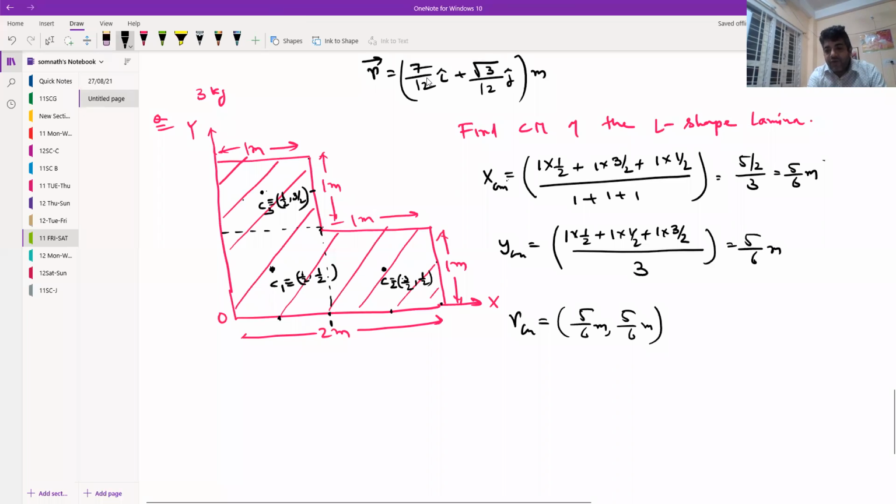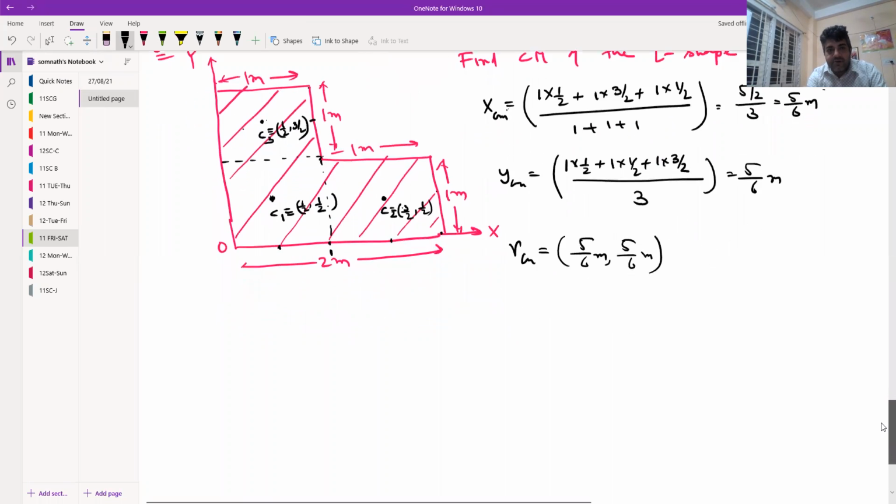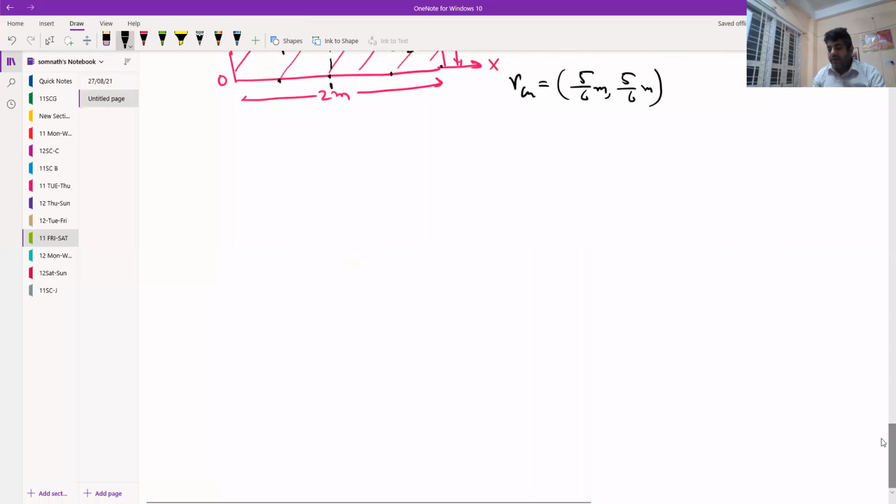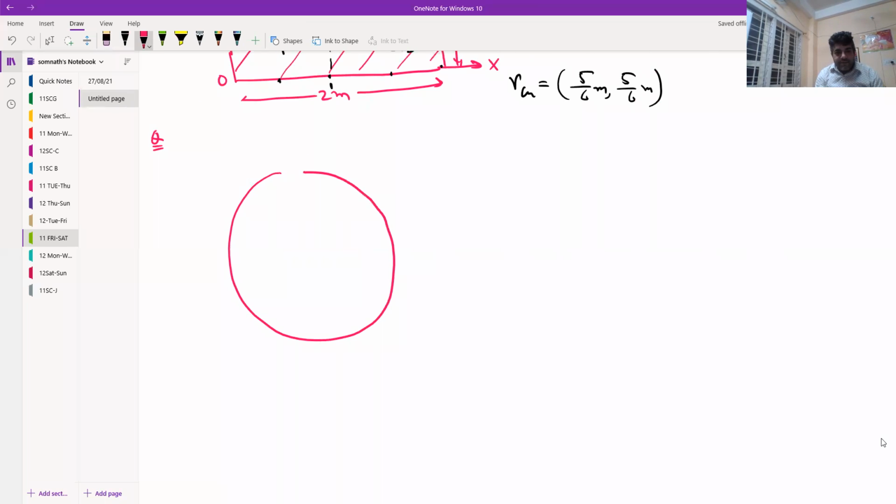Now I want to give you one more question. My next question: you have a disk. This is the center, with the y-axis and x-axis, so I can write it as the origin.